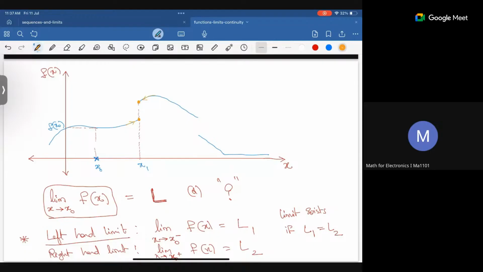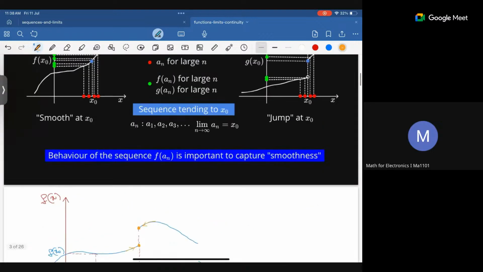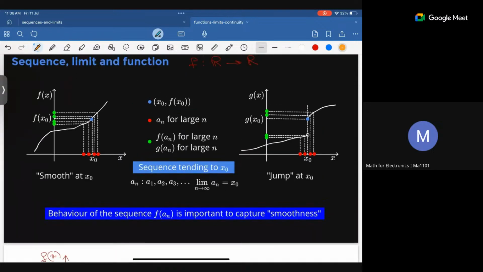So here you can clearly see that this yellow point and this yellow point are two different values. Therefore the limit will not exist at this particular point, and this is called a jump in the function. So there is a break in the function. There is a jump at x0. It says that the limit will not exist at x0.